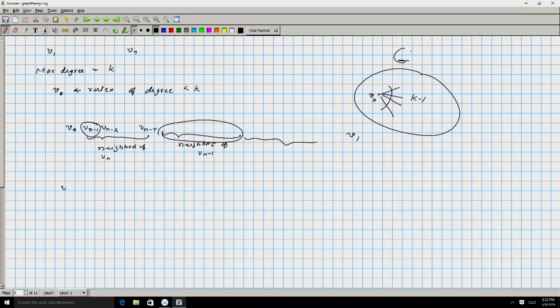So, if you look at the vertices in the order V1 to Vn and apply greedy coloring in this particular order, we can argue that we do not require more than k colors at any point. The reason being, look at any vertex that you pick, let us say Vi is some particular vertex, at least one of its neighbors is further ahead, except for Vn.